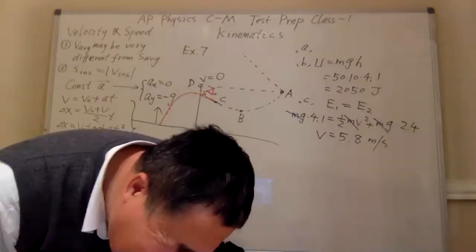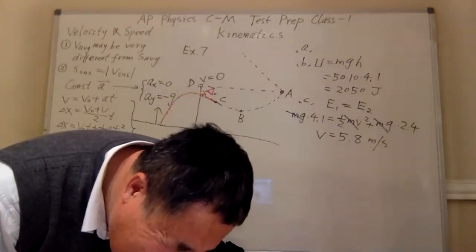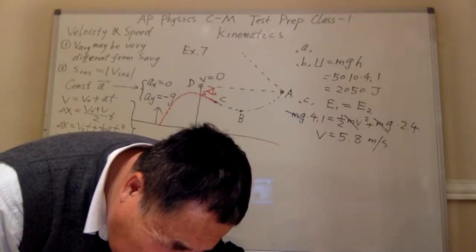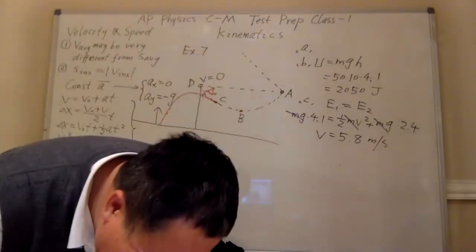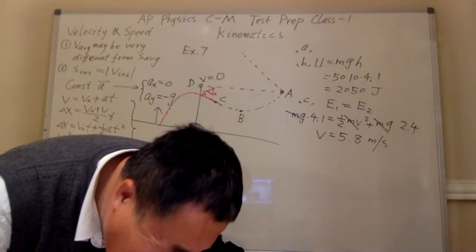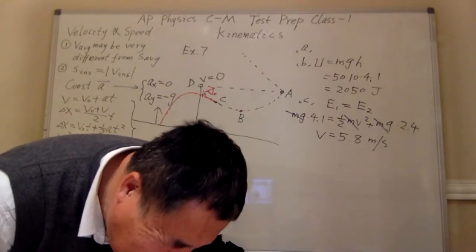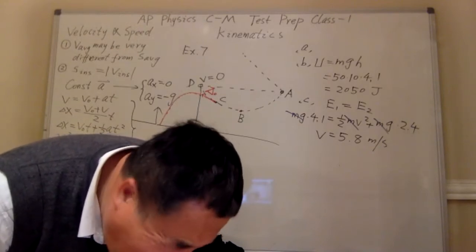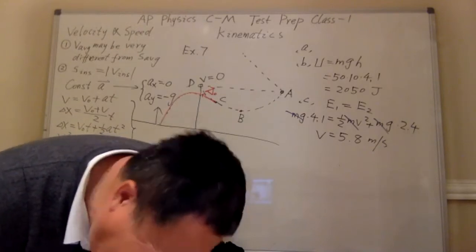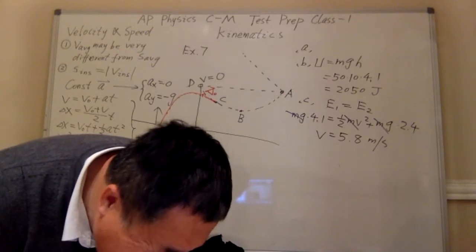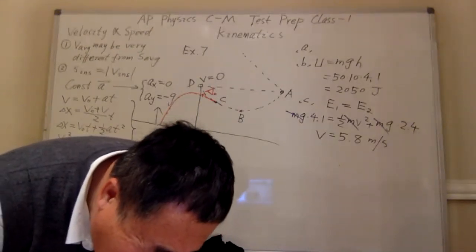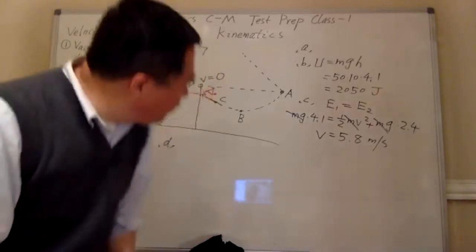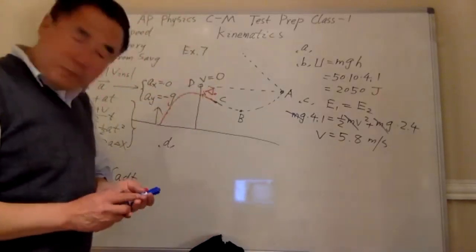Calculate the range R, the horizontal distance from where the person releases the rope at B to where the person hits the water.